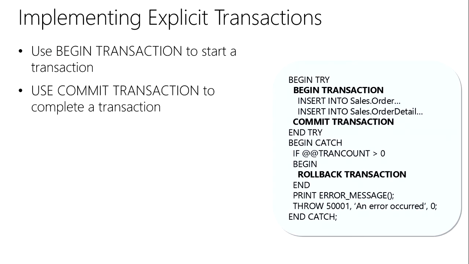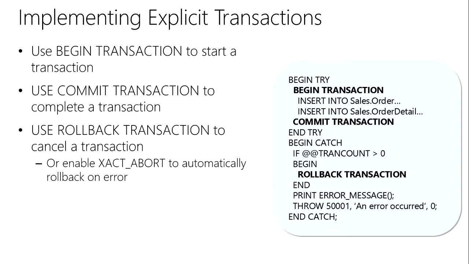If, however, while I'm in the process of doing the insert, an error occurs, at that point my error handler will catch the error, and in that error handler I can start to look at what's going on with the transaction. So in this case, you can see I've checked the tran count. Now that's odd, because that implies that I could have multiple transactions going on, which in fact is true.